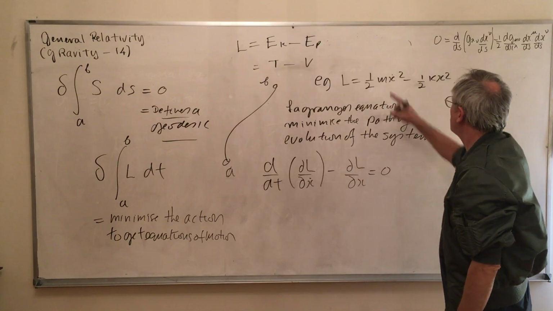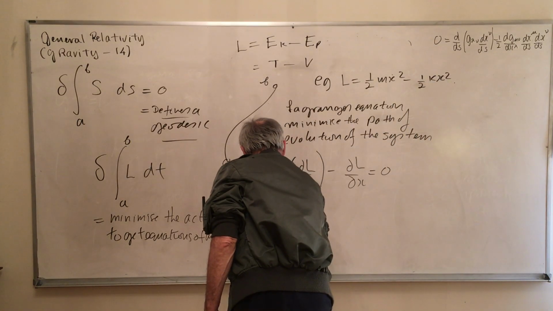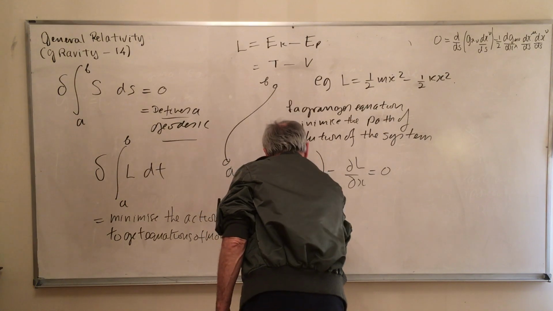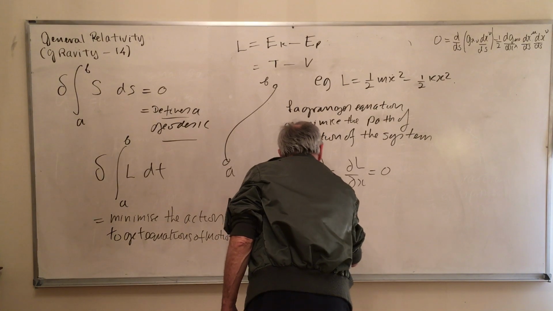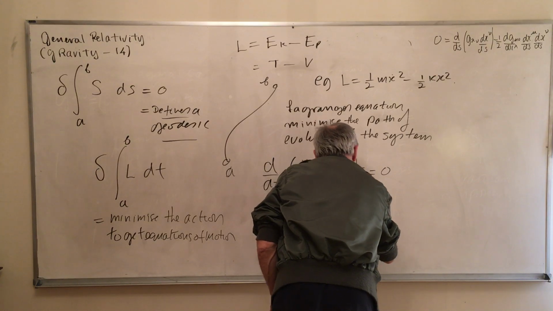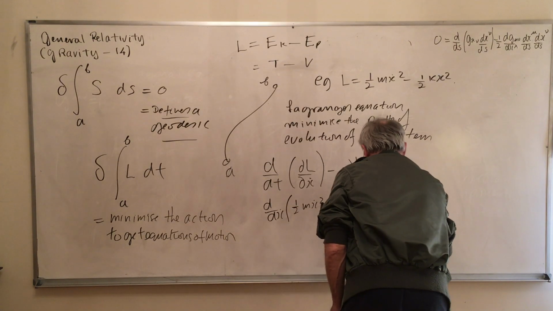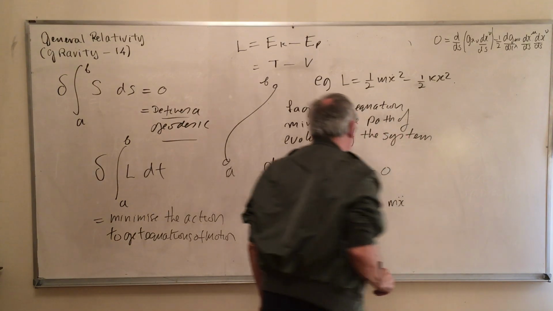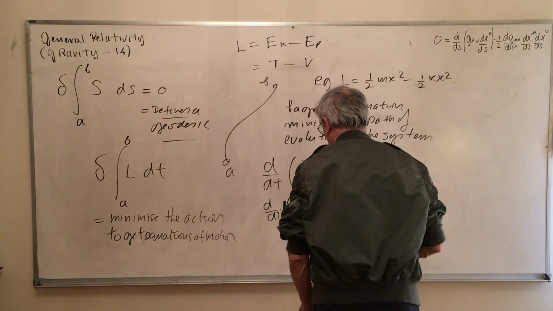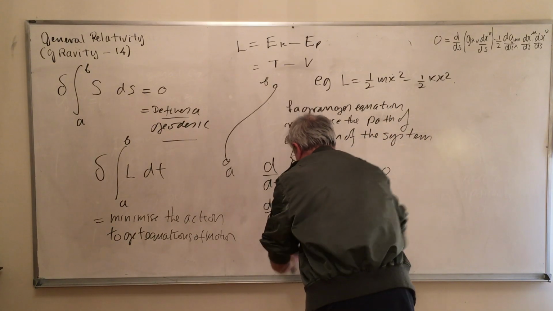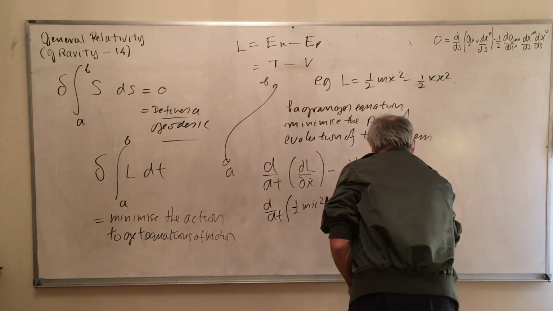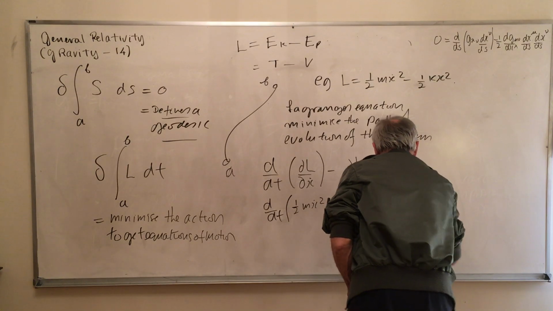So dL by dx dot for this one here is mx dot, sorry. d by dt dL by dx dot is mx double dot.